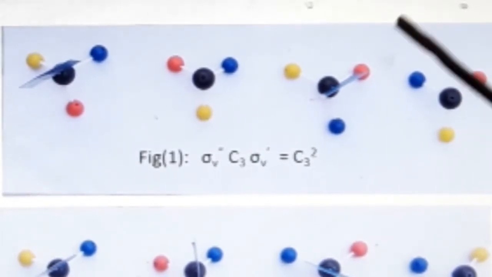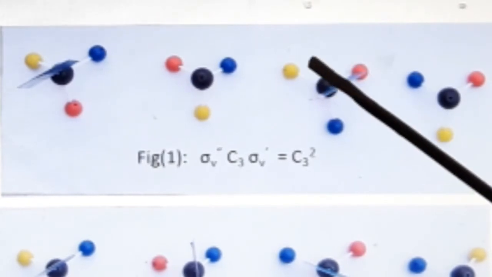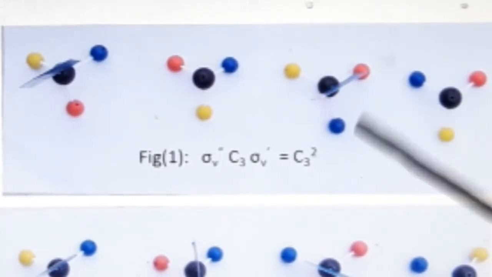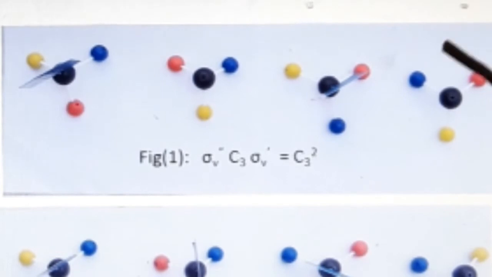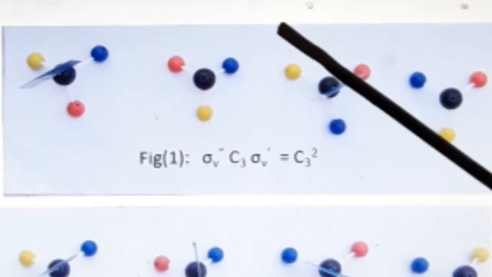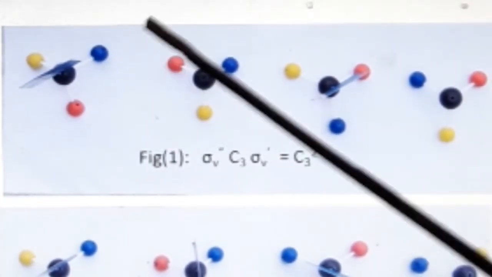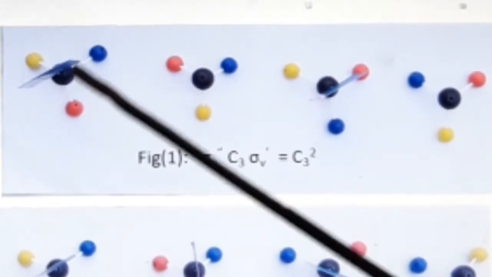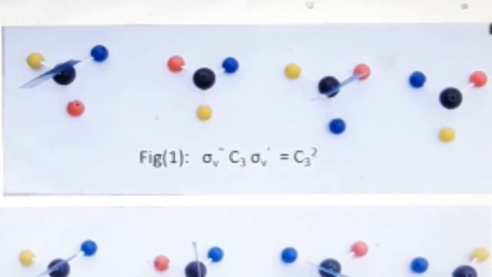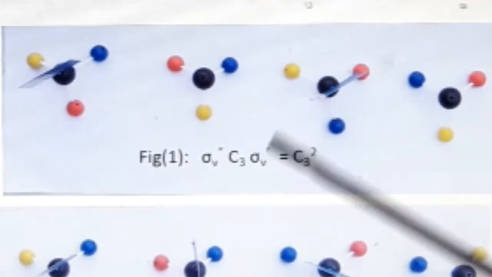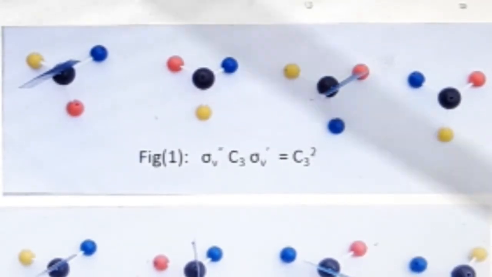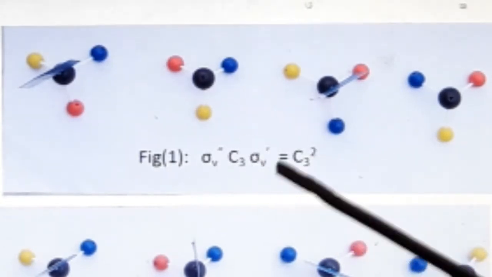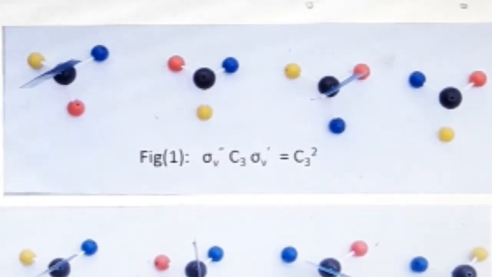So this will be exchanged. Yes, yellow will be here and blue will be here. So this is the C3 squared operation. By similarity transformation of this, we can say that C3 is conjugate with C3 squared.